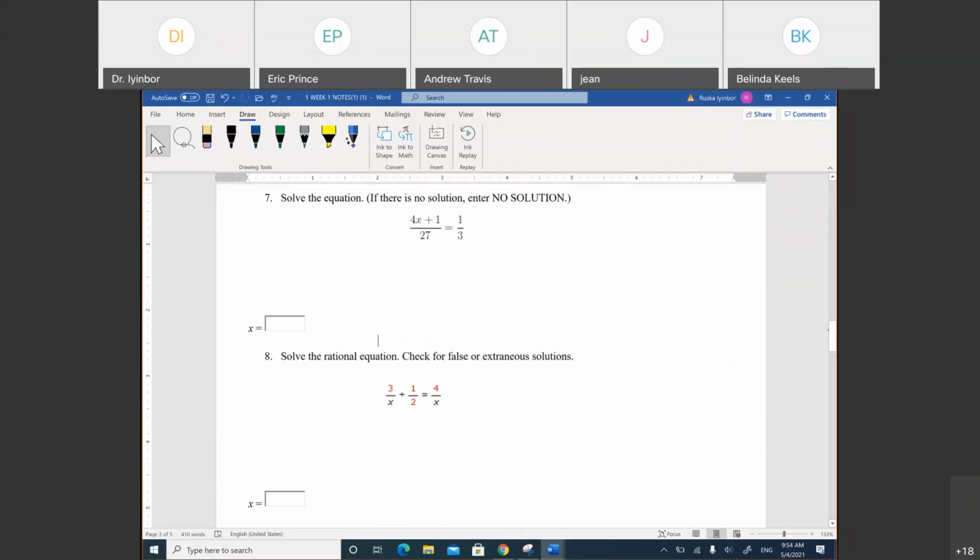Okay. So how are you going to get rid of the fractions? You're going to multiply by the common denominator. You're going to see what you're going to multiply both sides by, and you're going to cancel the denominators. So always think about what I'm going to multiply both sides of this equation by to cancel the 3 and the 27.